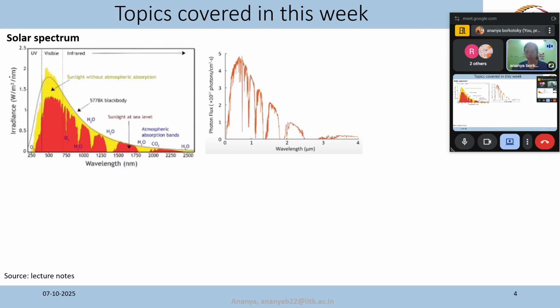This is the standard solar spectrum that people use to design solar cells and calculate different characteristics, because ultimately it is going to use this spectrum.